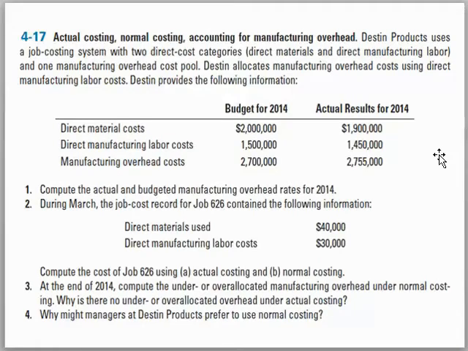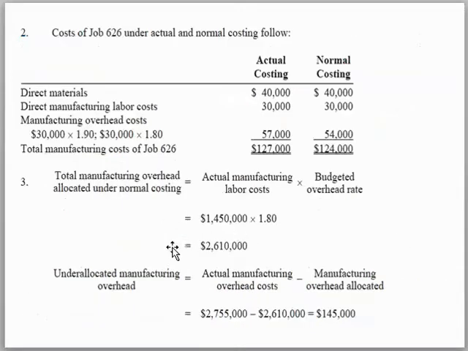So the actual base here, which is the direct manufacturing labor cost, 1,450,000, we multiply by the budgeted rate, which is 1.8, to get the total manufacturing overhead allocated under normal costing, which is 2,610,000.